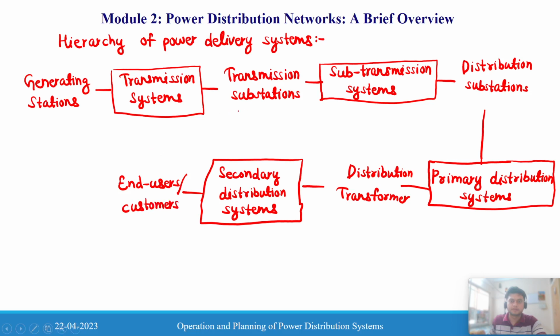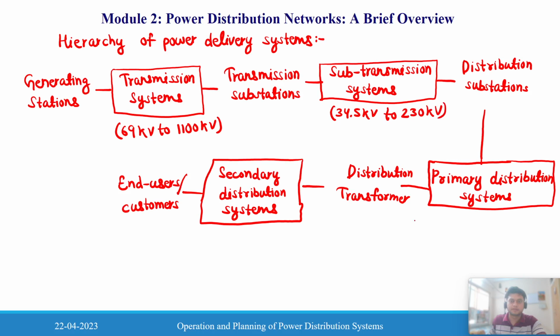And we write down the voltage levels. For transmission systems, it is usually between 69 kV to 1100 kV, and for the sub-transmission system, 34.5 kV to 230 kV.